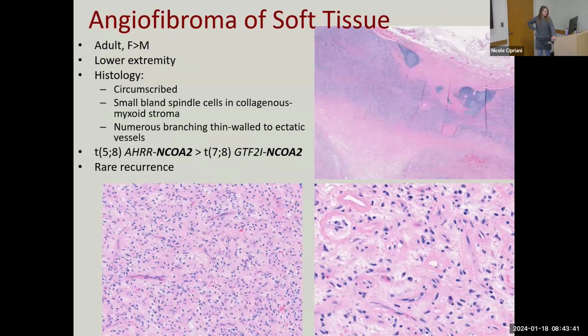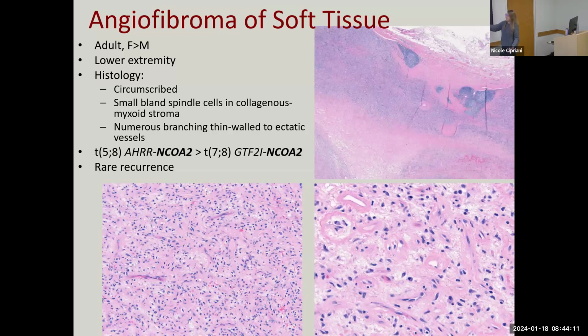Similar name, but slightly different morphology, is soft tissue angiofibroma. These are circumscribed neoplasms that occur in the deep soft tissues of adults, with an arguably very nondescript appearance that looks similar to what we've already seen: very bland spindle cells in a myxoid to collagenous stroma, with some associated blood vessels. You look at it and say, I don't know what this is.